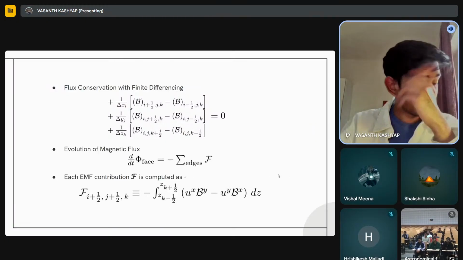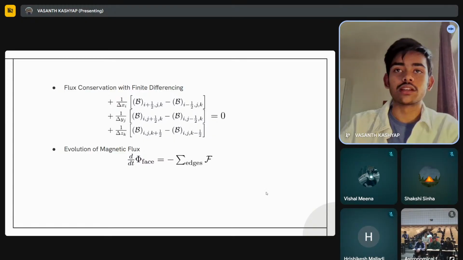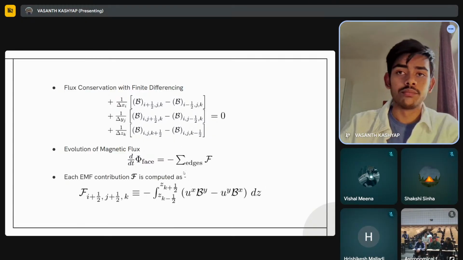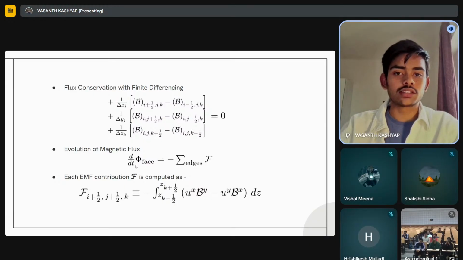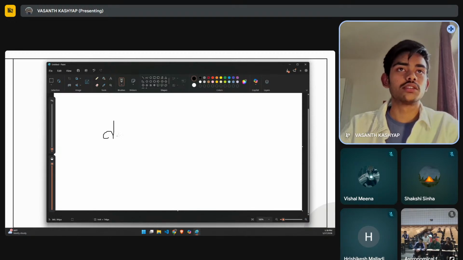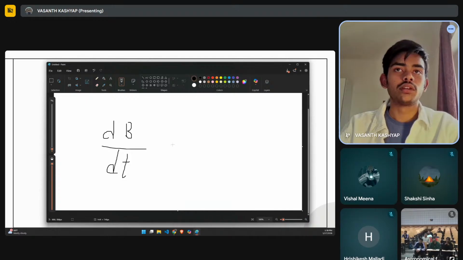Let me also mention this: in your Riemann problem, you're looking at the change of magnetic field, right? If we go back to our flux conservation equation, we had some conserved quantity, dB by dt equals minus del dot f, right?